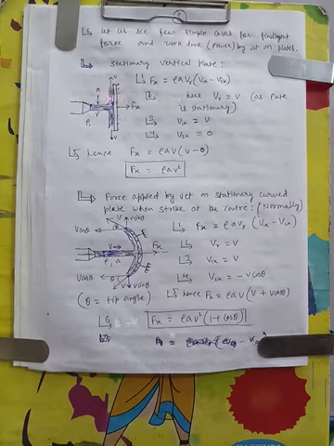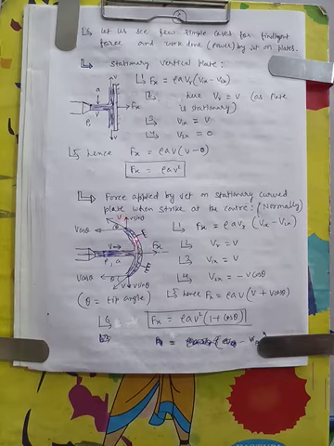So when the jet leaves the plate, the x component of the velocity will be 0, so V2x will be 0. Putting all these values in, we get rho A V (V minus 0), which is rho A V square. This gives us the force applied by the jet on this vertical plate.